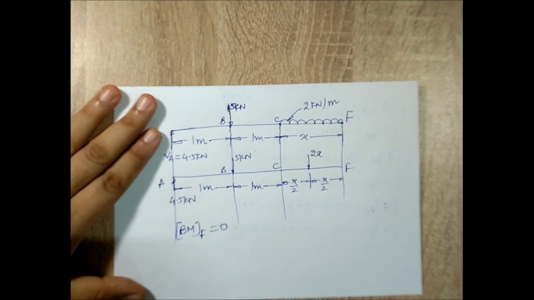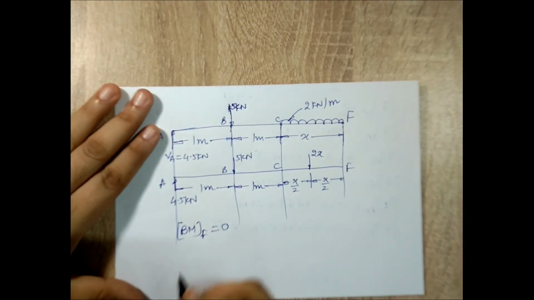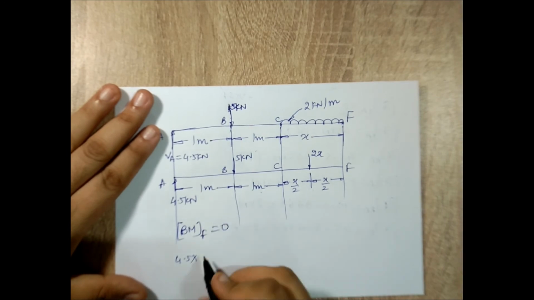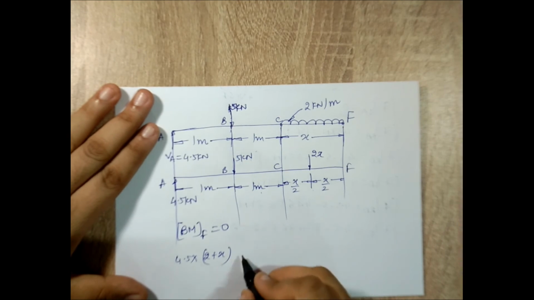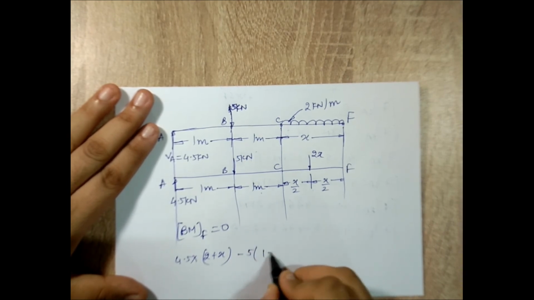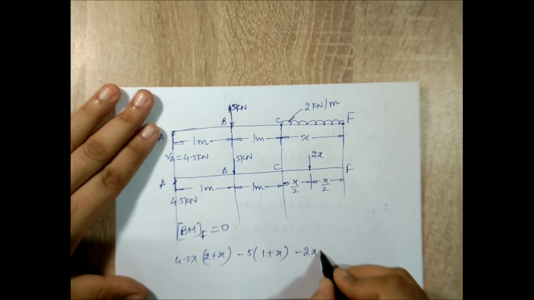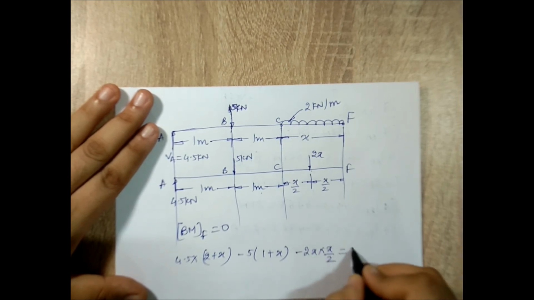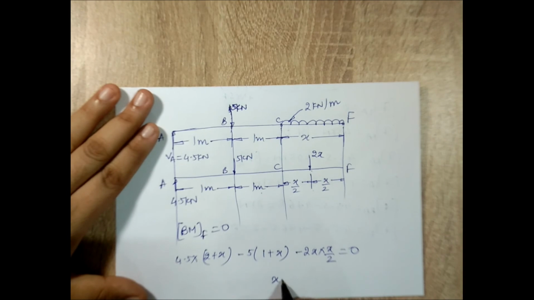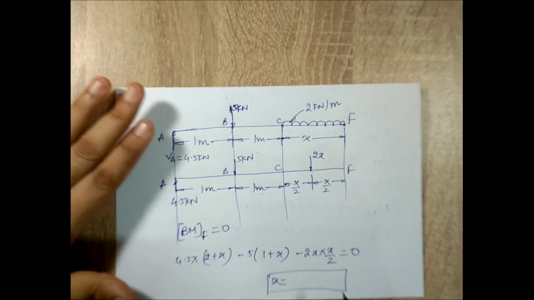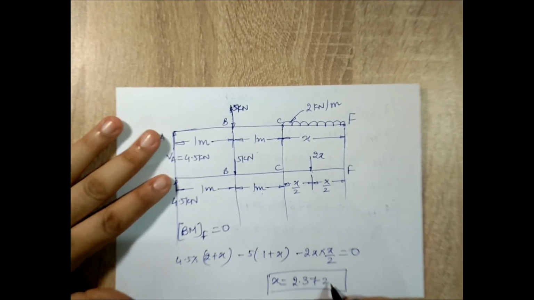Now suppose if I turn all the forces towards F, I'll get 4.5 into 2 plus x. Next I have minus 5 into 1 plus x, and this will be minus 2x into x by 2 is equal to 0. When I solve this equation, I get the value of x as 2.372 meter.